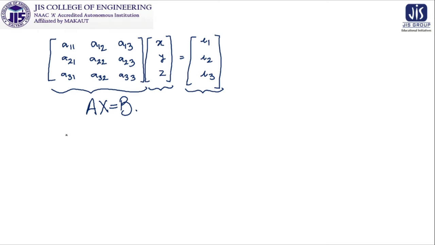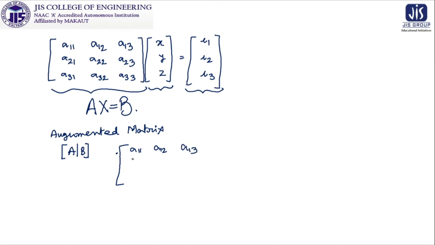Now we can also have one concept of augmented matrix, where we can write this augmented matrix in this form. Generally, the augmented matrix is denoted as A slash B, which is nothing but we can represent it like this: A11, A12, A13, A21, A22, A23, and A31, A32, A33.